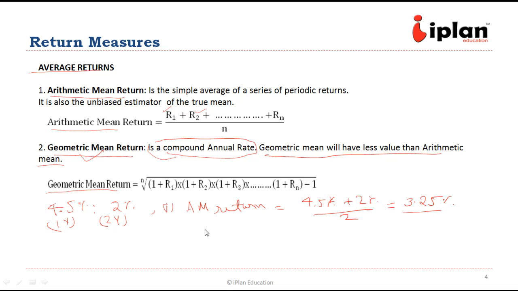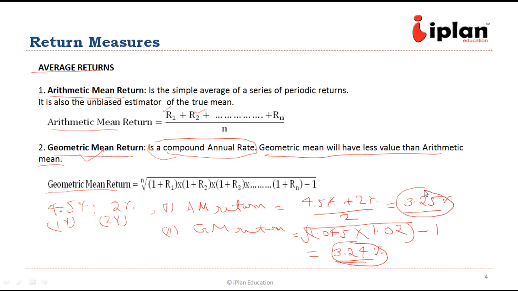If we calculate the geometric mean return, it will be 1.045 into 1.02, square root, minus 1, which will come out to be 3.24%. As we notice, this is less than the arithmetic return.